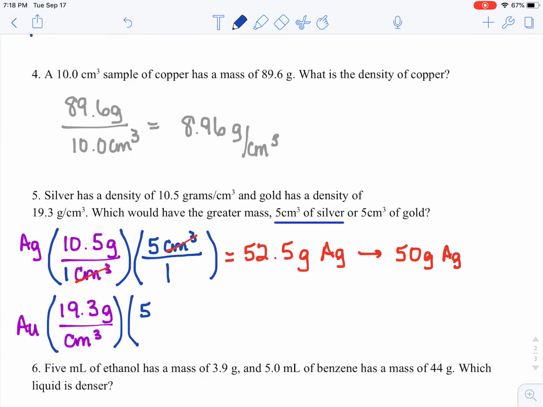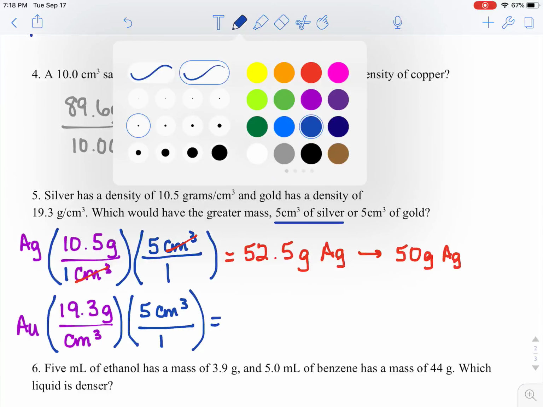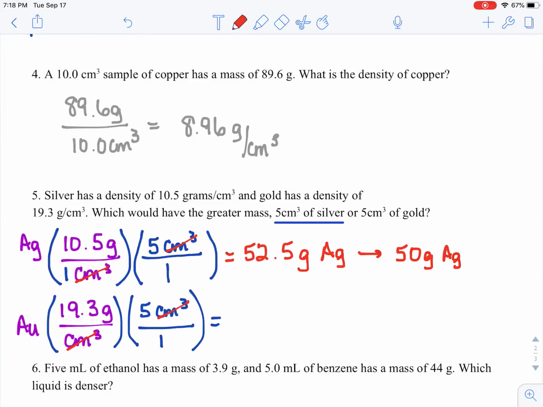Following the same procedure, I have the same volume of gold. So a gold cube that measures a certain amount on each side. I'm going to do my math here. I'm going to cross out my centimeters cubed again. I'm going to do 19.3 times 5 this time, and that's going to give me 96.5 grams of Au.